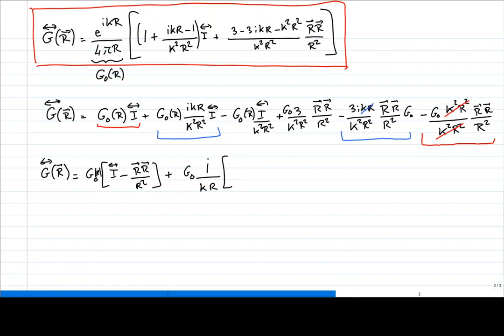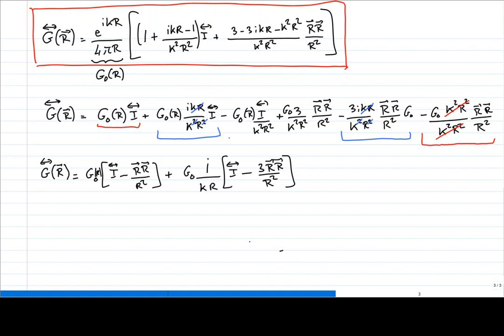The kr cancels out the square on both terms. So we are left with the first term, which is simply i over kr. Then we have the second term, which has a negative sign, then this 3i, 3 because we factorized the i, and then the outer product of r with itself over r².